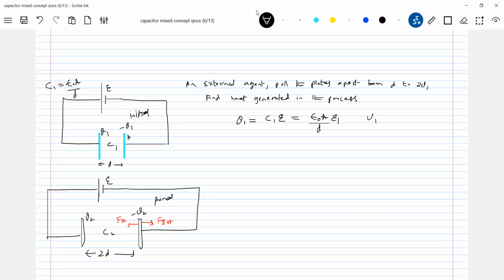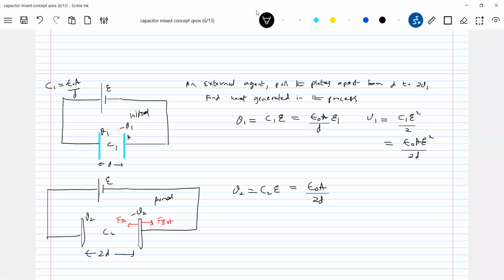Initial energy we will also calculate. U1 is equal to C1 E square by 2. Let me use this formula: epsilon naught A E square by 2d. Similarly, what is the charge? Q2 is equal to C2 into E, which is epsilon naught A E by 2d, because the separation is 2d.